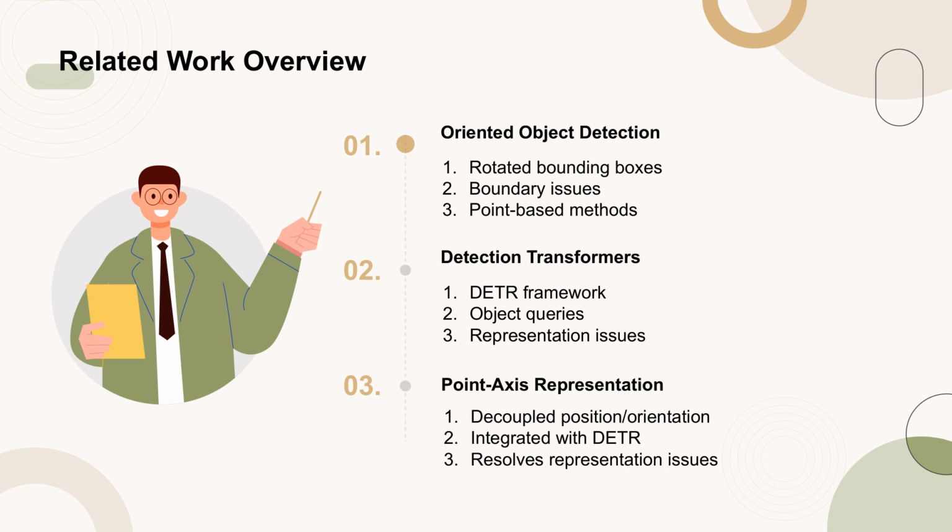Regarding detection transformers, the DETR framework has been adapted for oriented object detection, but these adaptations often neglect the alignment issues with image axes and suffer from the same representation problems. Our study integrates the point axis representation with the DETR framework to address these shortcomings.